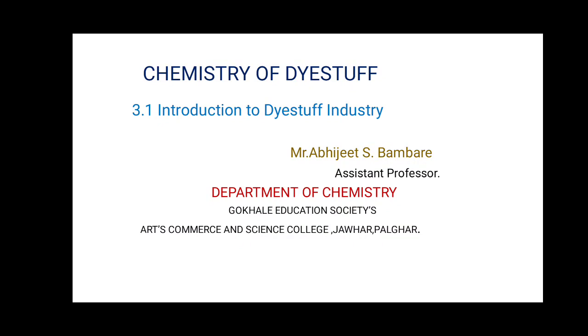What is dyestuff? As we know, students, nature has an abundance of color. There are plants with various colors of leaves, and flowers of different colors like red, yellow, blue, violet, etc. Birds and butterflies have attractive colors.